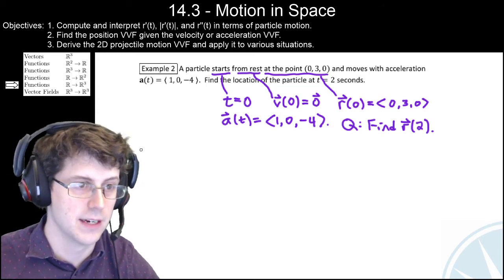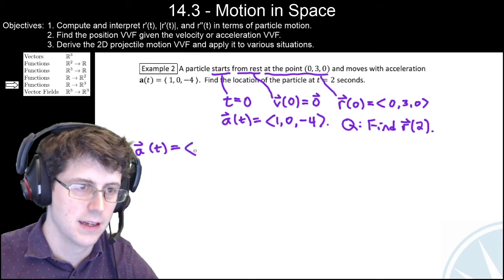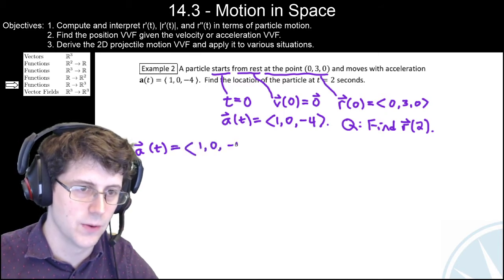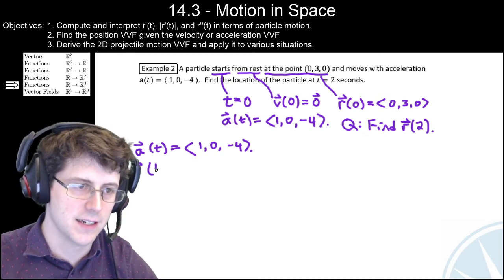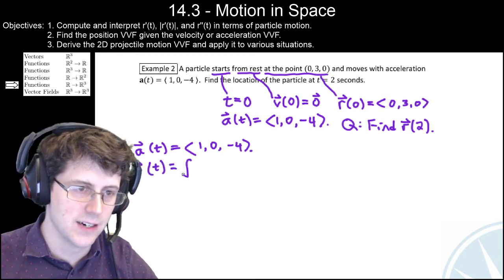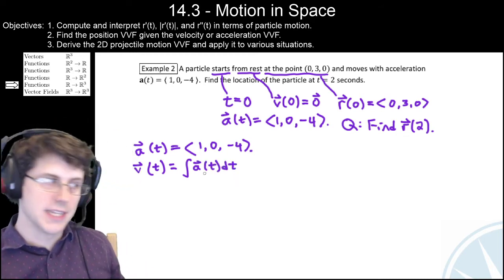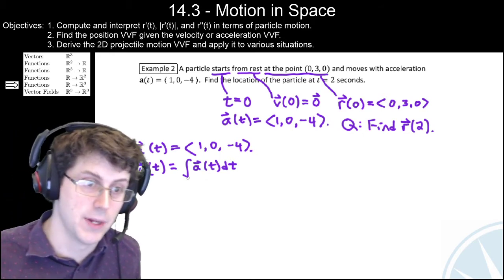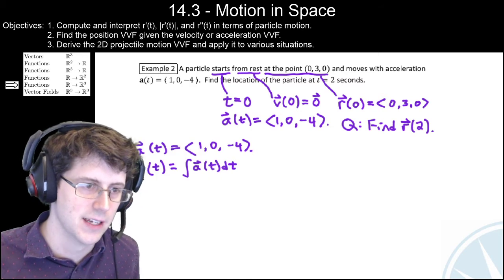So let's do it. So a of t is 1, 0, minus 4. But we can find the velocity vector by taking the integral of the acceleration vector times dt. When you're doing integrals like this, you should make sure that the units match up. Like, I don't know if you did this in your calc class too.